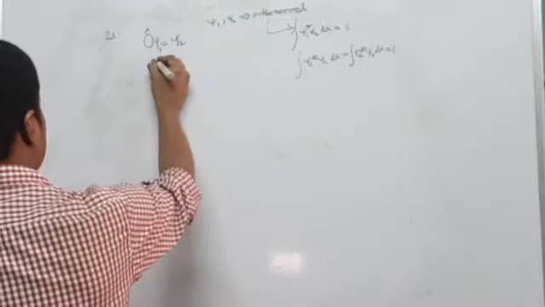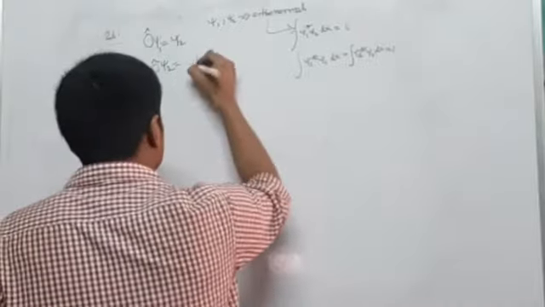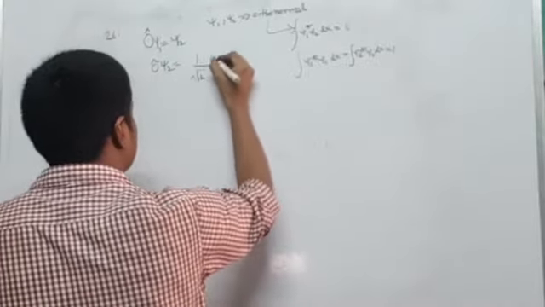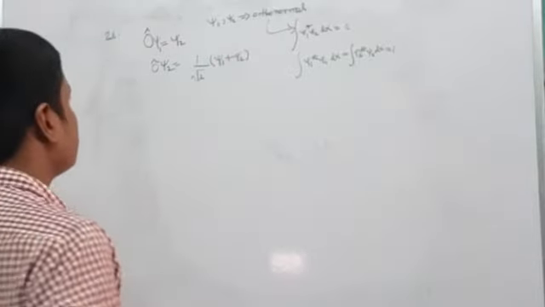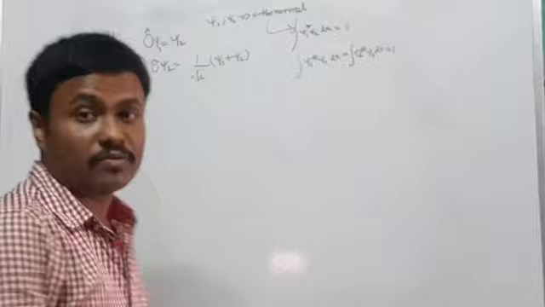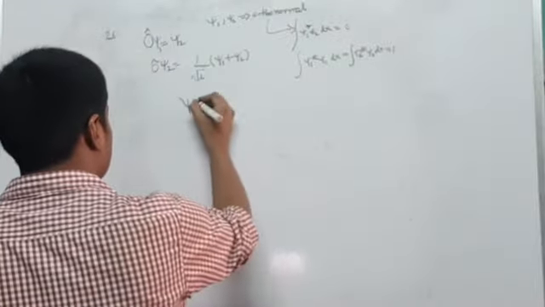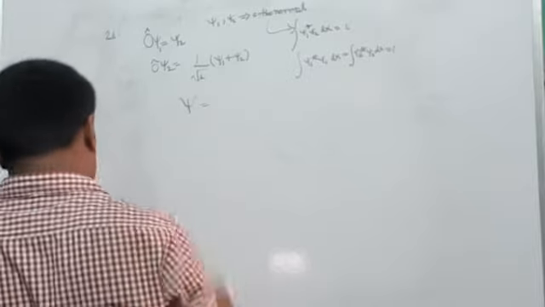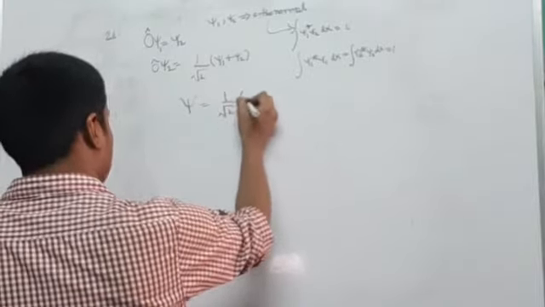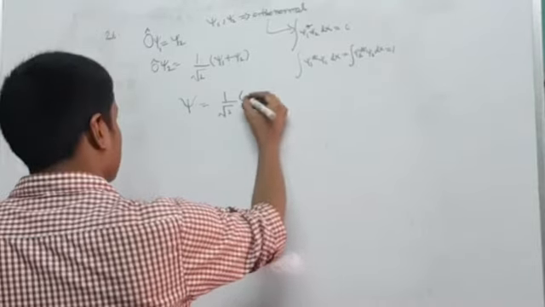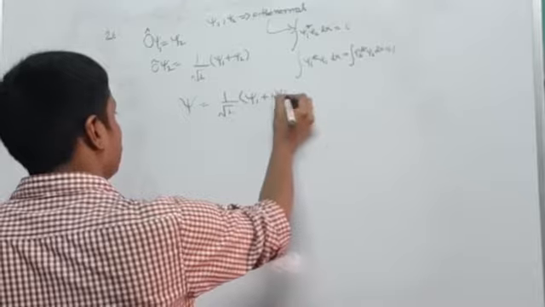When it acts on psi 2, it gives you a superposition of psi 1 and psi 2. And the state of the system is already in a superposed state, which is given by 1 over square root of 2 times psi 1 plus i psi 2.